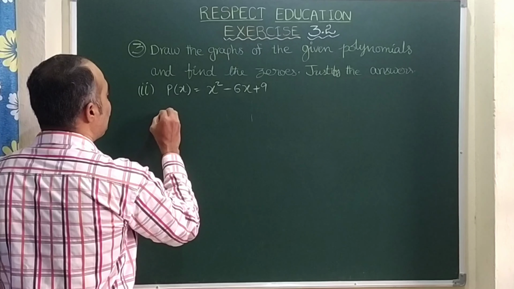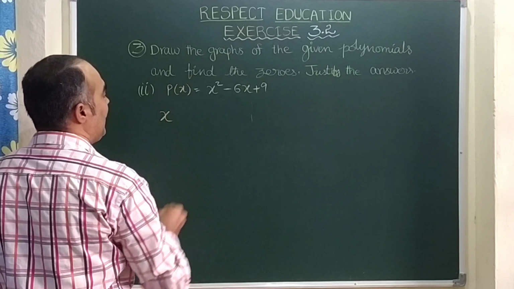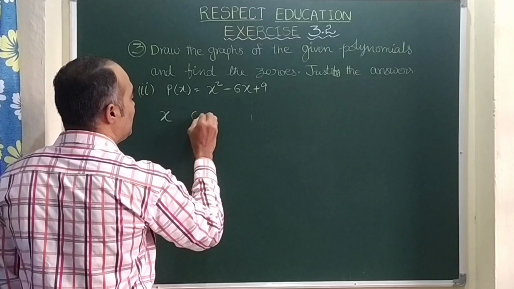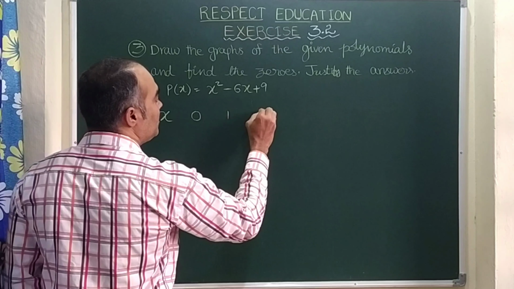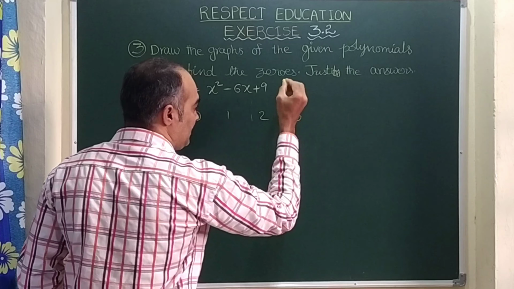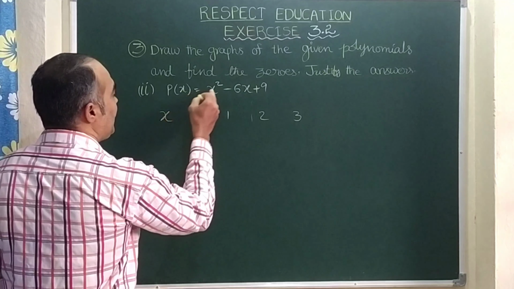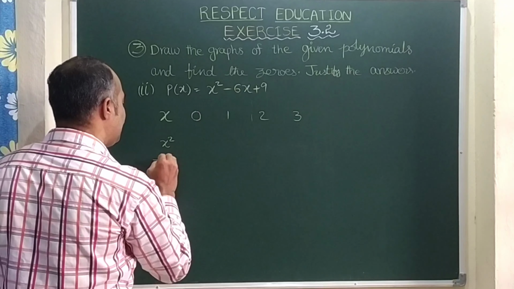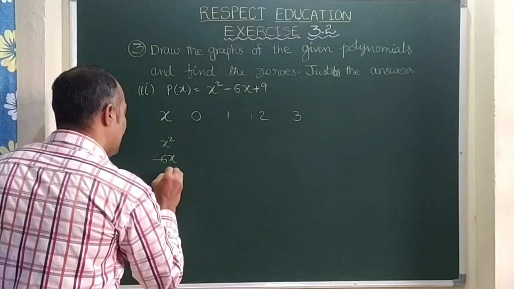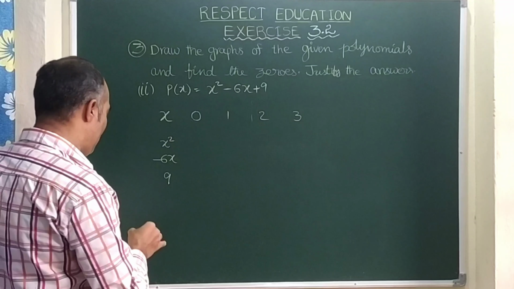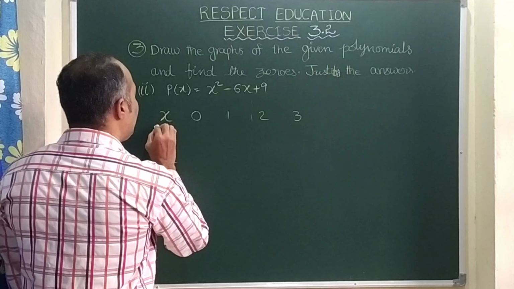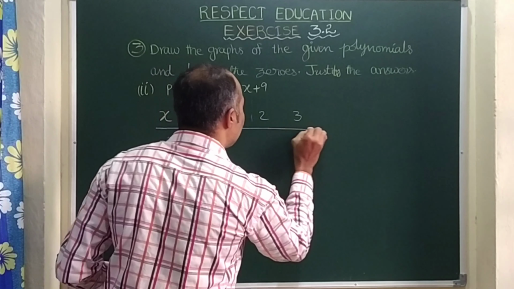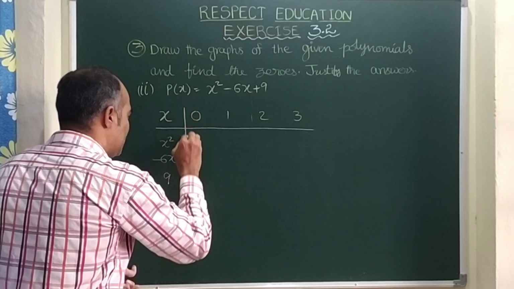So first I am taking x values, starting with 0, 1, 2, then 3. As usual, the first column is for x squared, the second one is for minus 6x, the third one is for 9. Now to maintain the gap, I am drawing a line here, and here also.